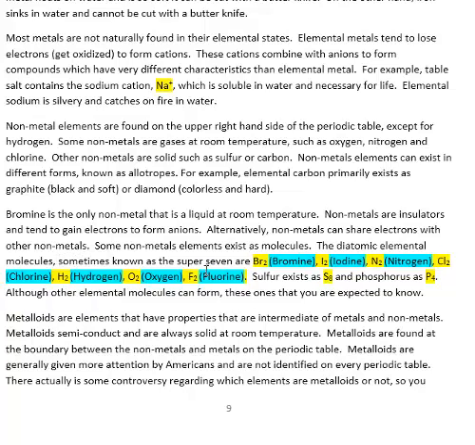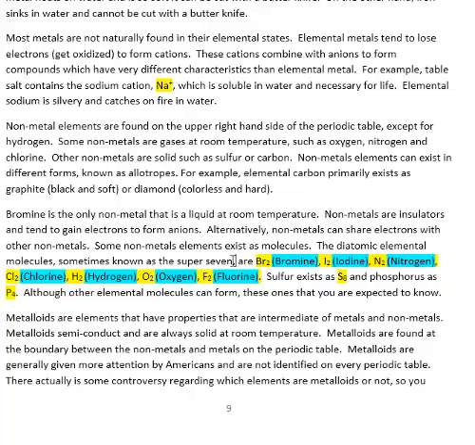Molecules, sometimes known as the super 7, let's put that in parentheses, are capital B, lowercase r, subscript 2, bromine, capital I, subscript 2, iodine, capital N, subscript 2, nitrogen, capital C, lowercase l, subscript 2, chlorine, capital H, subscript 2, hydrogen, capital O, subscript 2, oxygen, capital F, subscript 2, fluorine. And sulfur exists as capital S, subscript 8, and phosphorus is capital P, subscript 4.